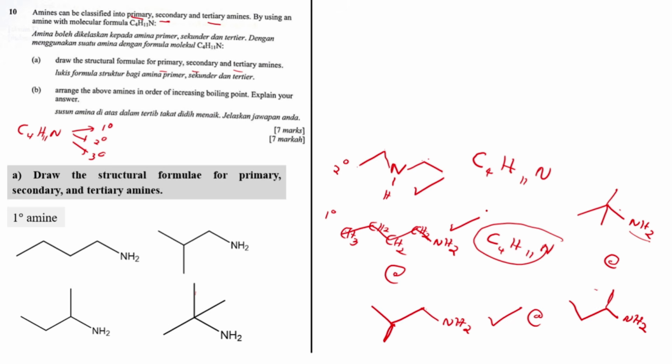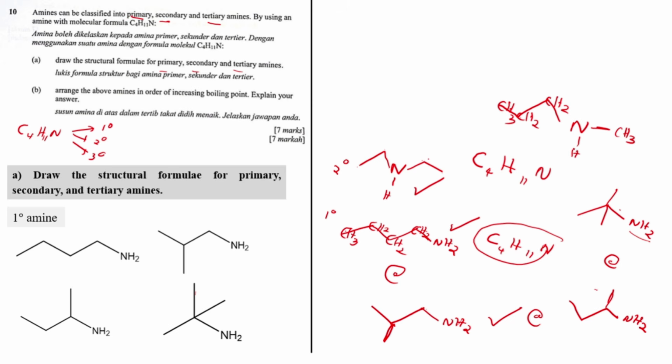Or you can also make N with 1, 2, 3 carbon here, and then CH3 on the other side, and then you're going to have H here. And here can be CH2, CH2, CH3.